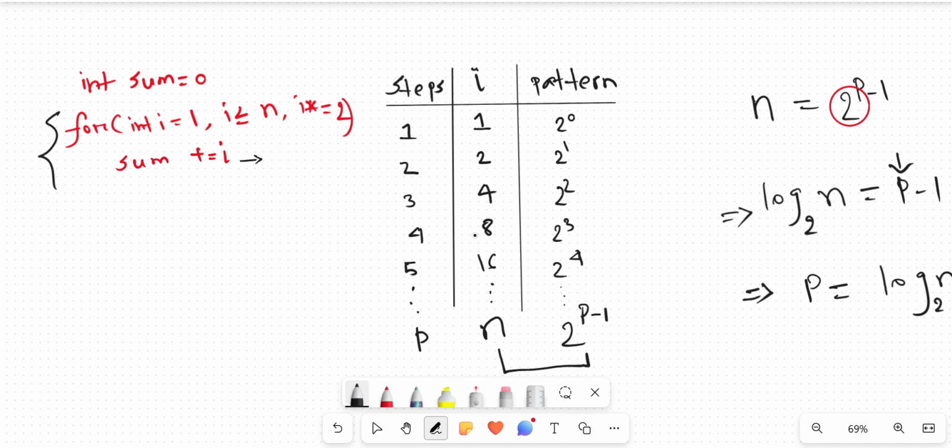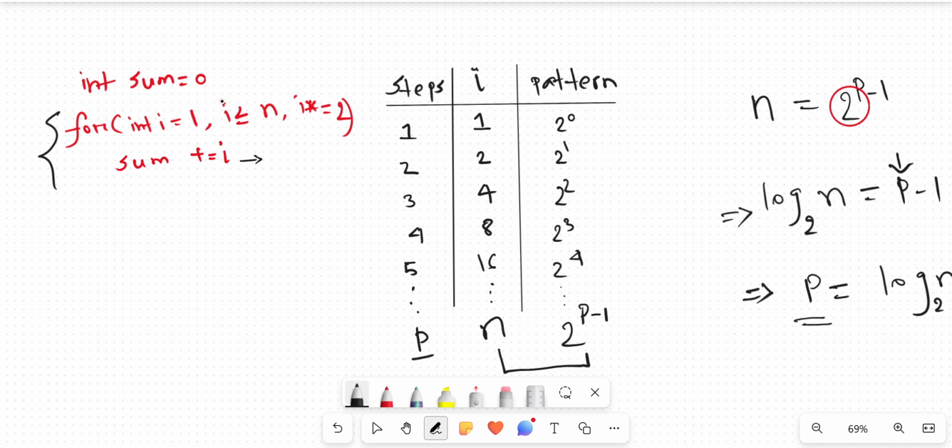We are assuming that this loop is being called p times, and n is just a relation. It is not running n times, because i is actually being multiplied by 2 each time. Therefore i will actually reach n, but the number of times the loop will execute is not n, it will be p.